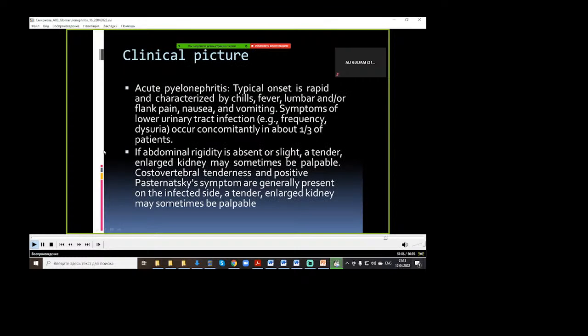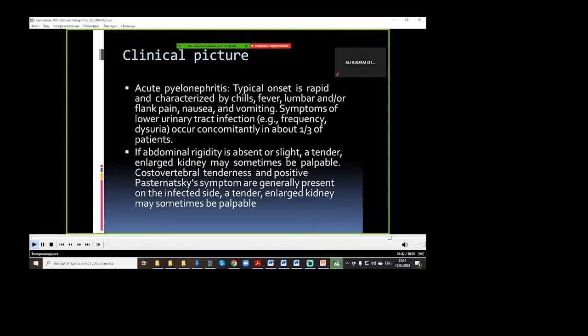Clinical picture. First, we will talk about acute pyelonephritis. Typical onset is rapid and characterized by chills, fever, lumbar and flank pain, nausea and vomiting. Symptoms of lower urinary tract infection, for example, frequency and dysuria, occur in about 1/3 of patients. So the main complaint will be pain in the lumbar region or flank.